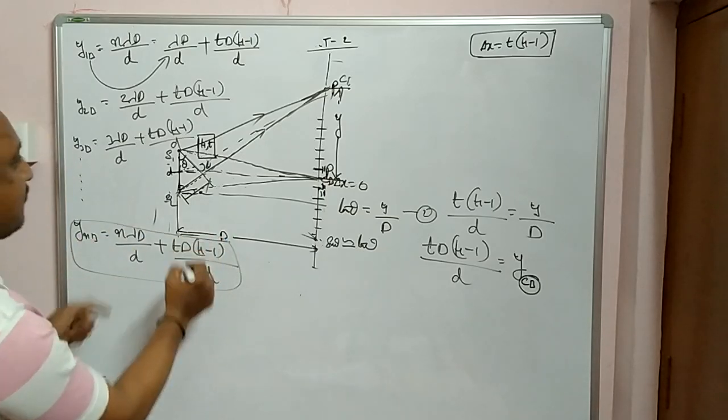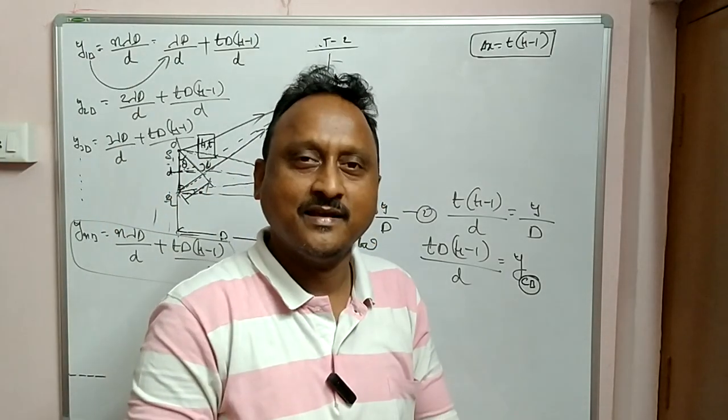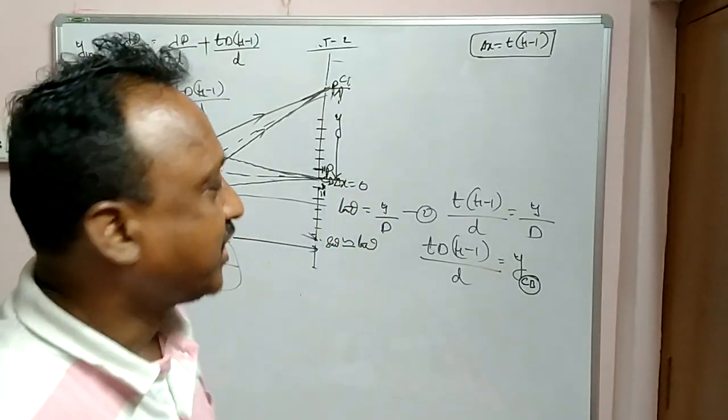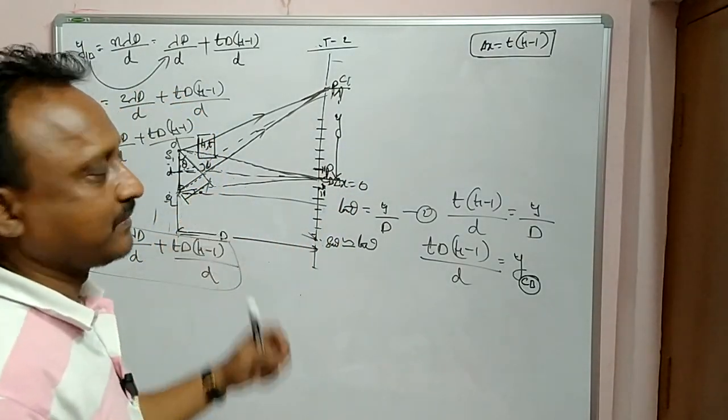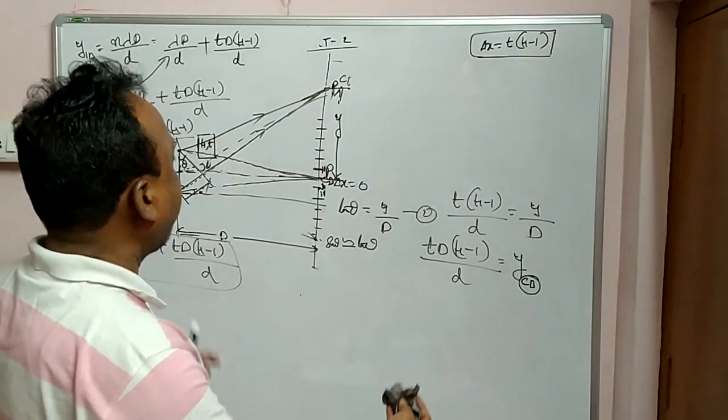So these are the formulas you have to remember well when glass slab is introduced between either here or here. Clear? Now we'll calculate for dark bands.